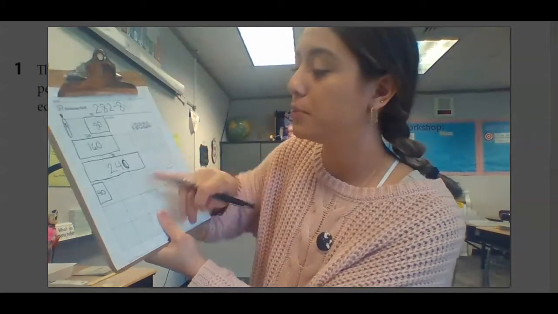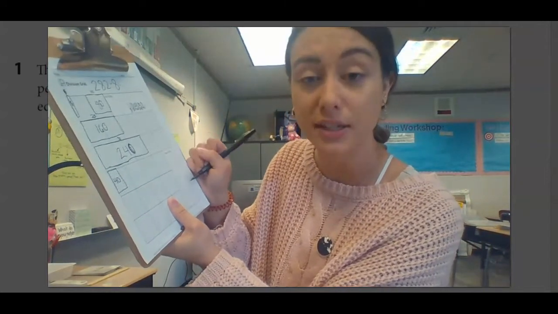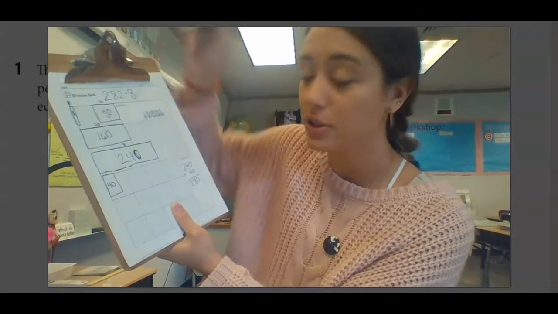What if I put my 40 and my 240 together? Now this is what this box down here is for when you get really close. 240 plus 40 is 280. I'm so close to 282. I'm going to put that together because I just did 30 and 5.